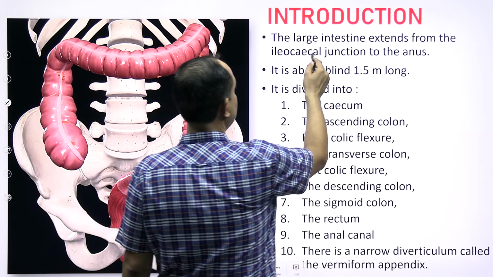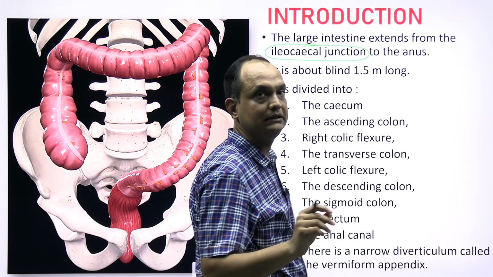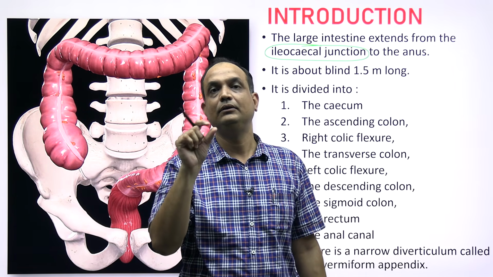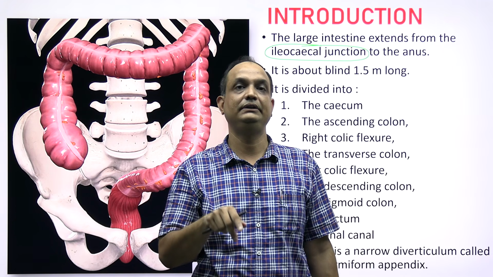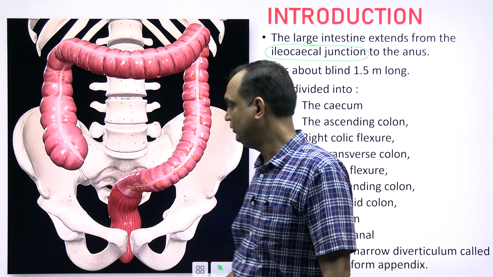When you see the ileocecal junction, you have to understand that the ileum opens into the cecum, and below that junction you have the cecum, and above that junction you have the ascending colon. What does it mean?